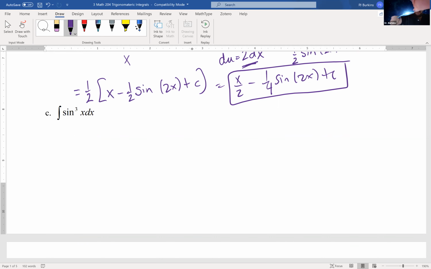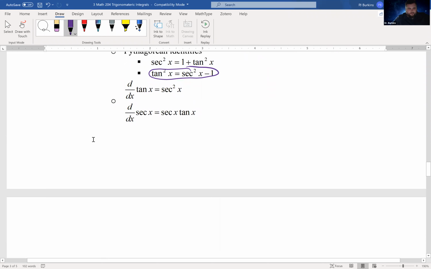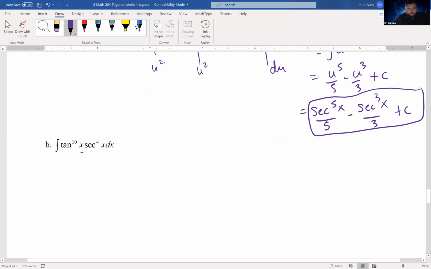So let's see. You've got problem C here for sines and cosines. So sine cubed. And then there's, let's just try this one for now. Tan 10 secant to the 4th. So I want you guys to try those two in your groups.